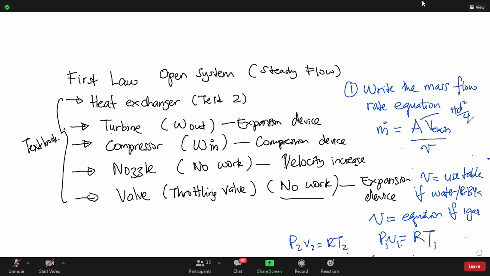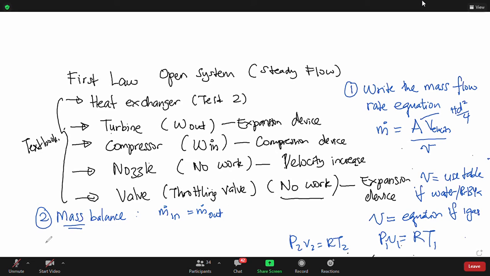What's the second equation? Mass balance. Just look at the mass. How many are in? If there is only one coming in and one going out, there you go.